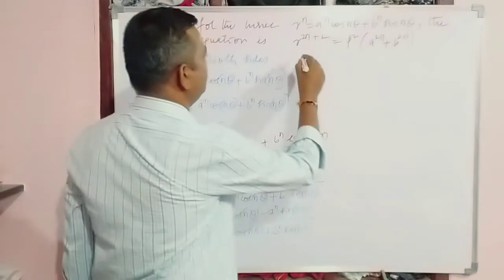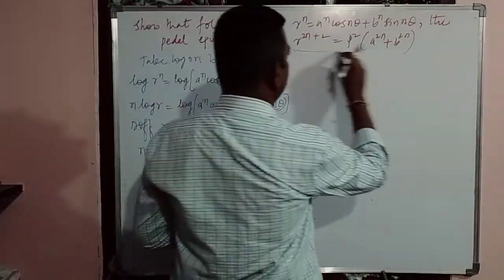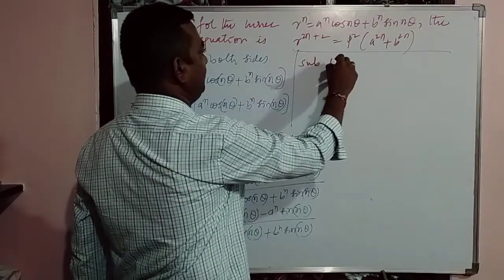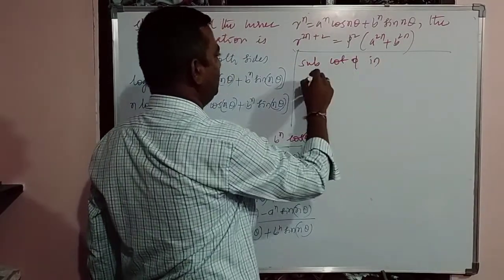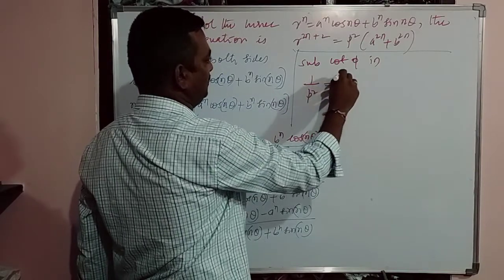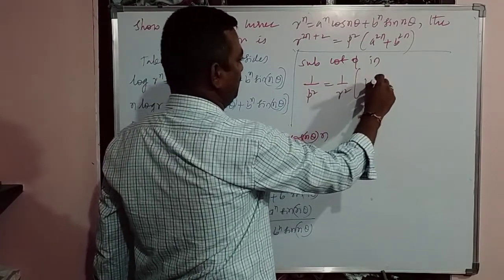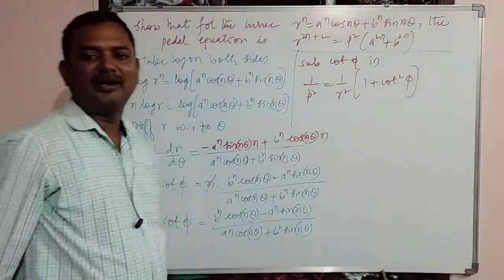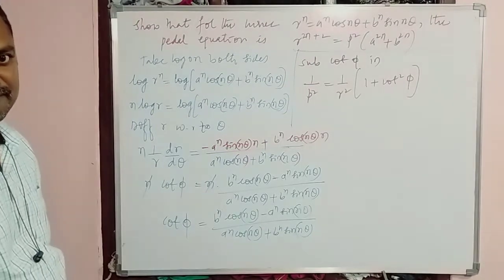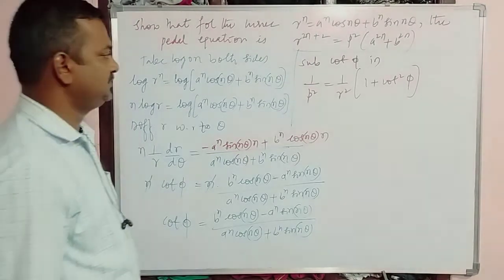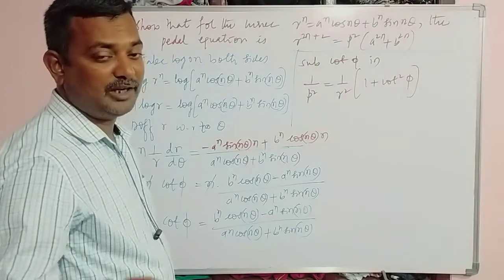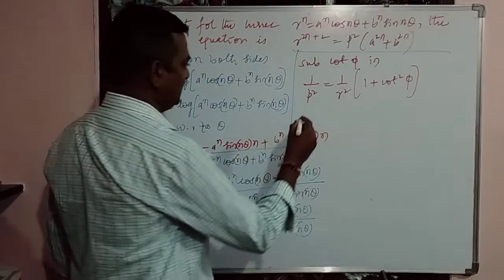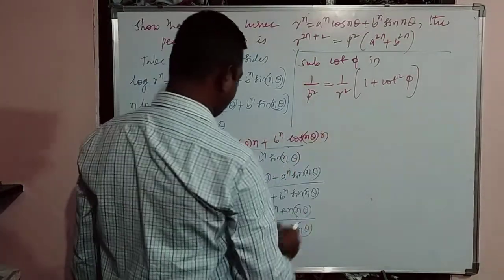So now let us substitute, as I told you already. Substitute cot φ in 1/p² = 1/r² (1 + cot² φ). This is the second form of, sorry, not the pedal equation, but the length of the perpendicular from the pole to the tangent.